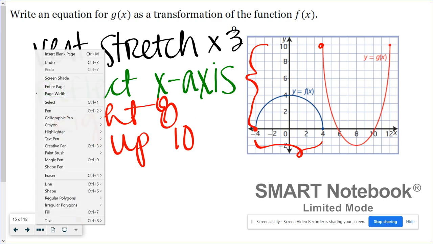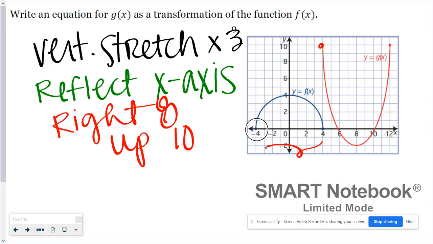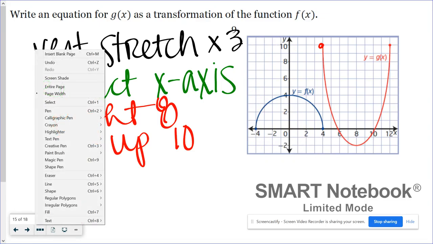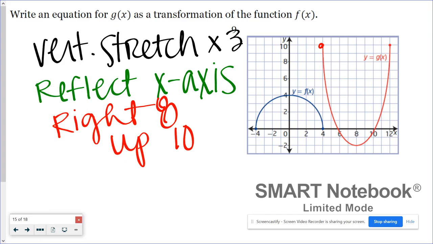Now, if the translation isn't obvious to you, you could graph what this looks like after the vertical stretch. Granted, there's not a lot going on, but it looks like this after the stretch and the reflection, and that would probably help you to see that it went right 8, up 10.